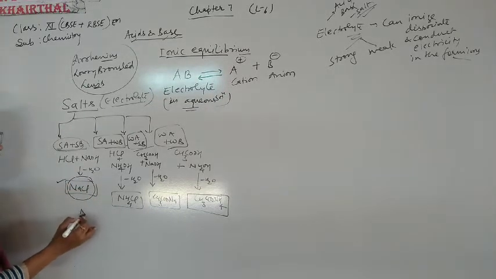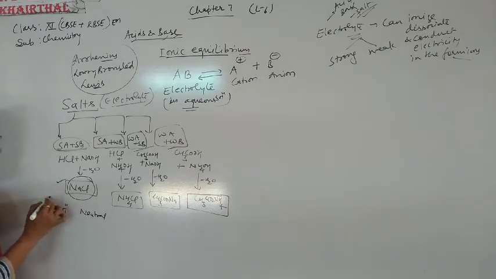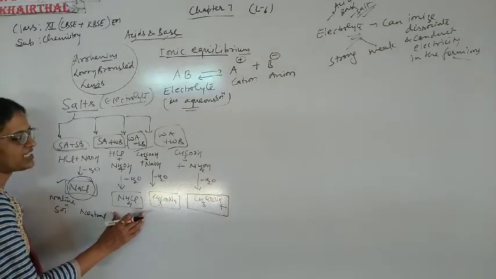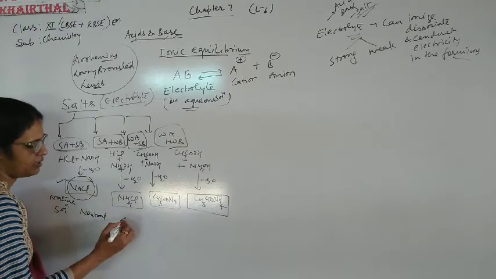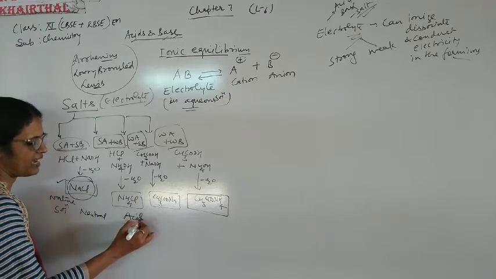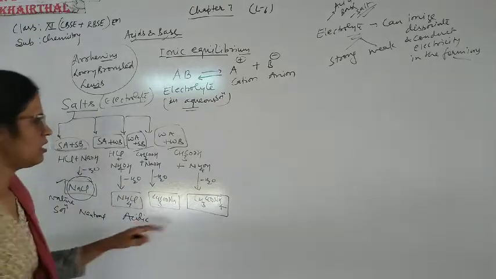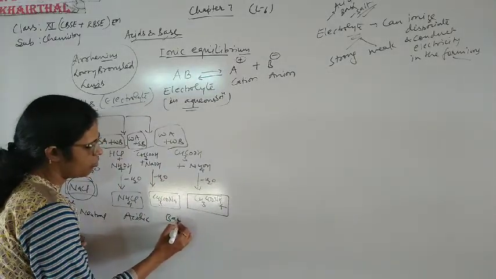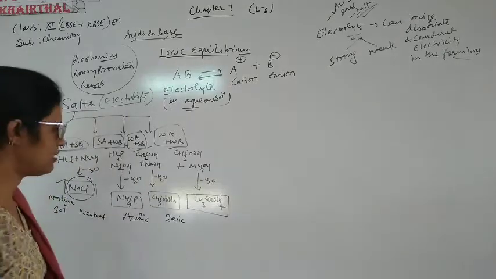If we add this electrolyte in water, the solution will be neutral. The nature of the solution will always be neutral. If strong acid, weak base salt is added in water, then the solution will be acidic. If weak acid, strong base salt is added, then the solution will be basic.